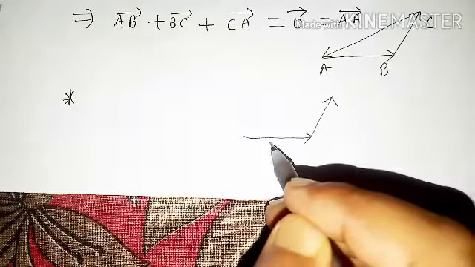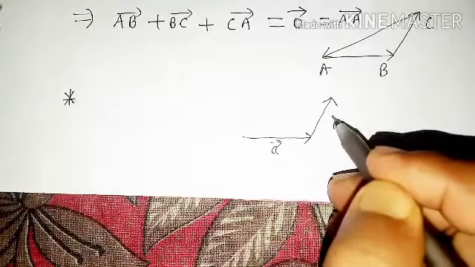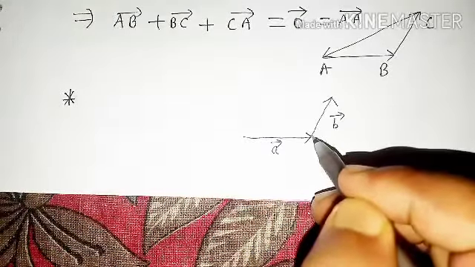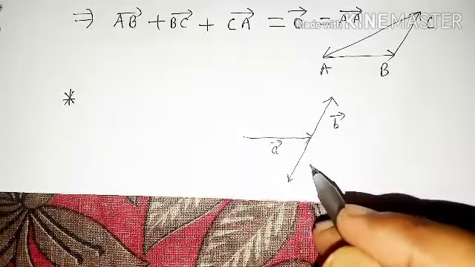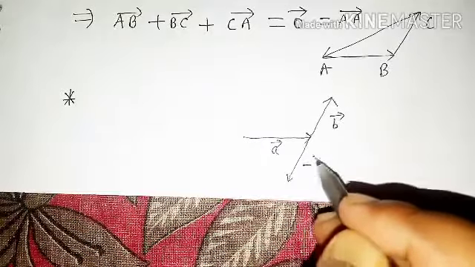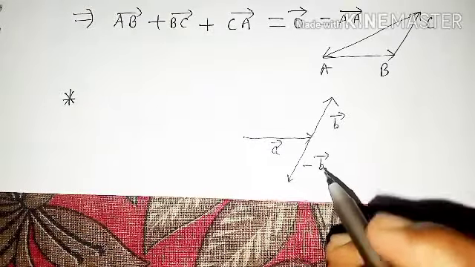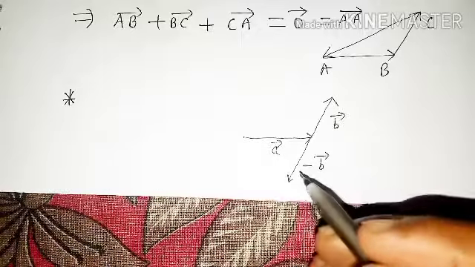Suppose this is vector a and this is vector b. Then in the opposite direction and in the same magnitude we have this vector minus vector b, negative of vector b.